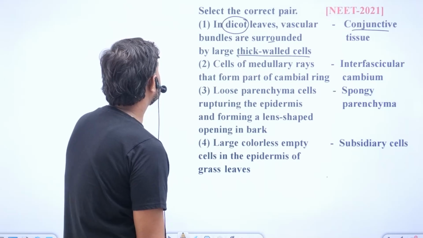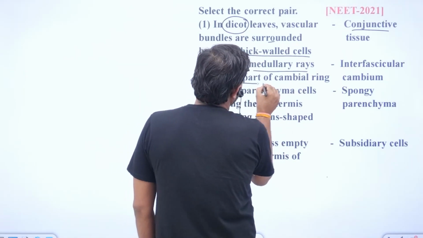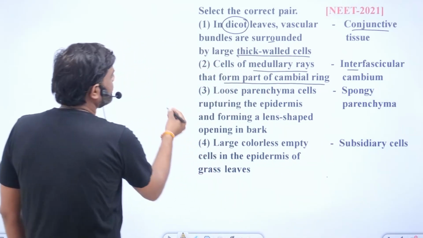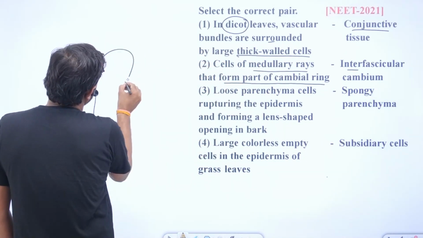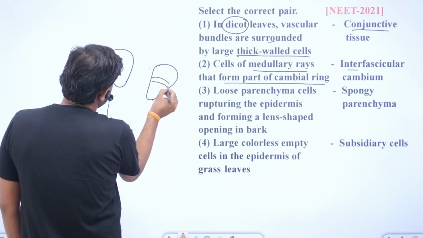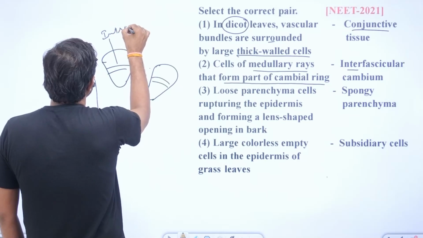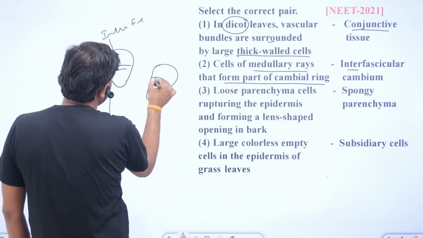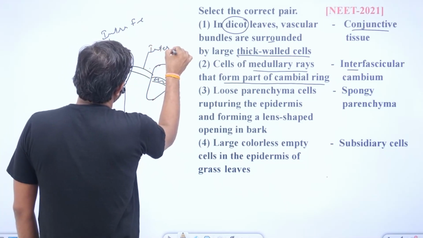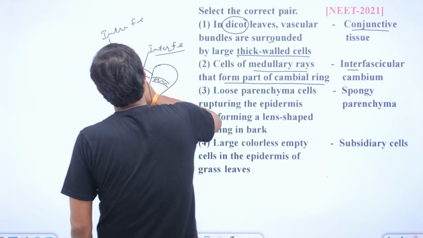And second is cells of medullary rays that form part of the cambium ring, interfascicular cambium. There are 2 types of cambium: this one, intrafascicular cambium, and this one, interfascicular cambium. Interfascicular cambium forms in medullary rays.